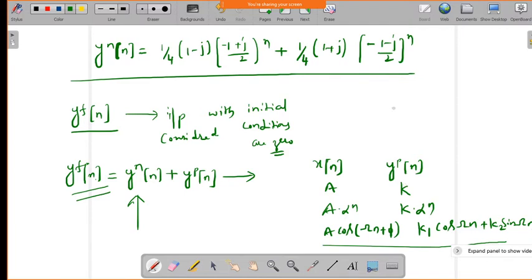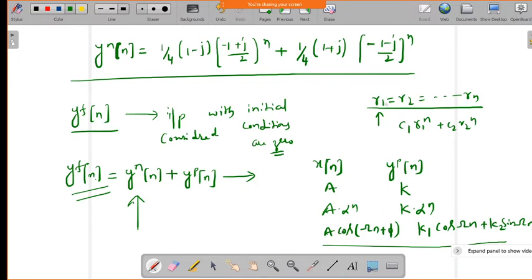Now if the roots are repeating, say r1 and r2 up to rn are the same, then the particular solution must be taken other than the components in the natural response. For example, the natural response has C1 into R1 power n plus C2 into R2 power n.